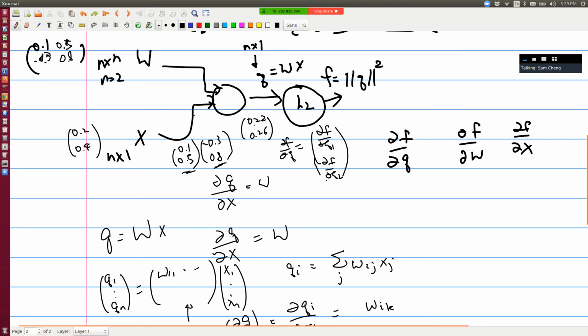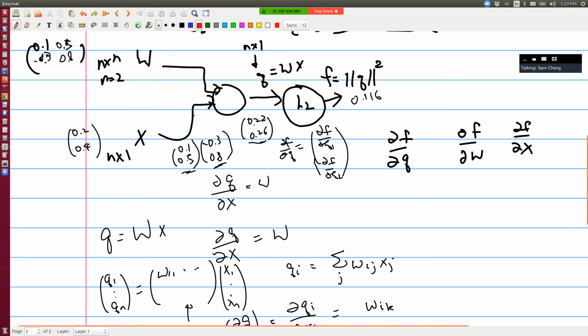Let me continue to finish this and go back here. I have q equal to 0.22 and 0.26, so eventually L2 is equal to 0.116. Now I pass back the gradient. The partial of f is just 1 here, and I forgot to compute the local derivative.